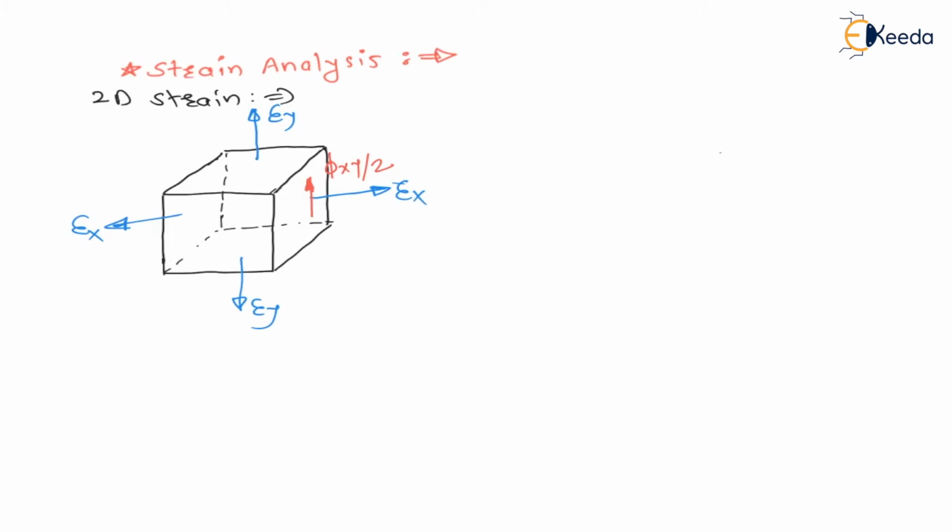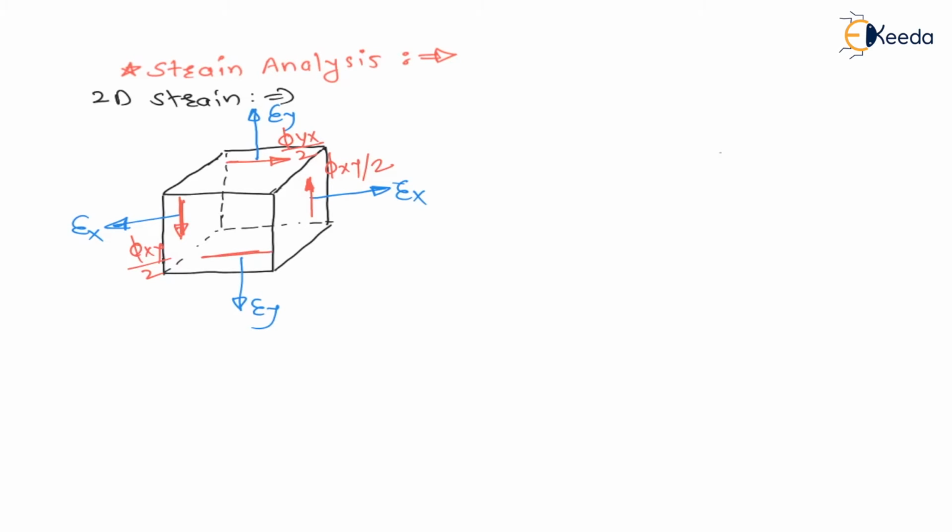Instead of tau xy, there will be phi xy by 2. And on the horizontal plane there will be phi yx by 2.